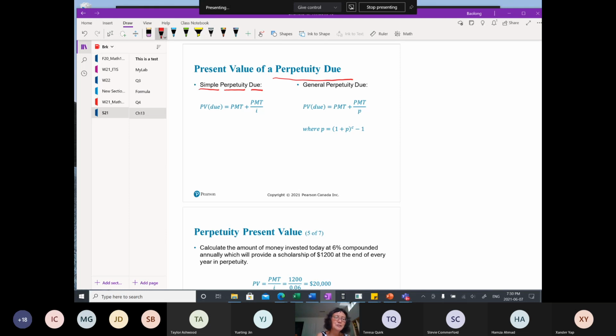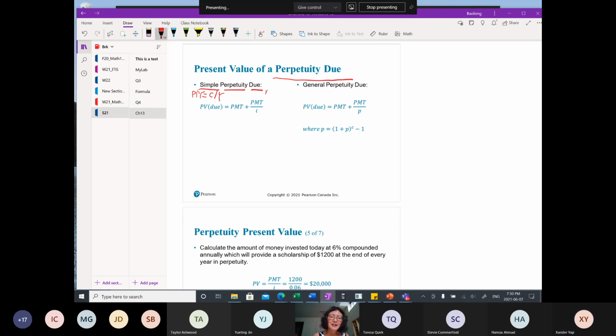Someone remind us, what is simple again? How do I know it is simple? You know that it's simple because CY and PY are equal. Fantastic. PY equal to CY means simple.